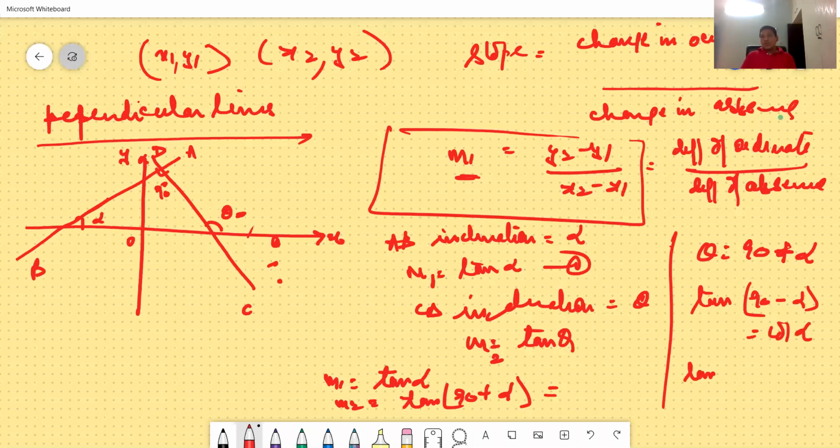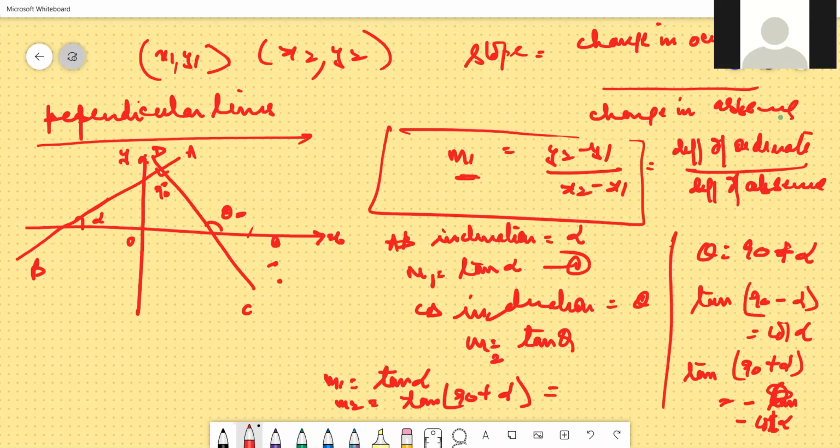But I just told you when the angle goes in the second quadrant, the angle becomes obtuse, the value of tangent becomes negative. It is minus cot alpha. माइनस cot alpha के बराबर है.